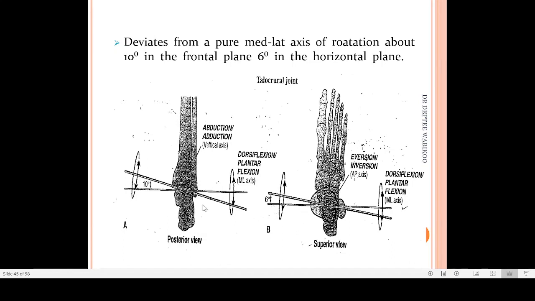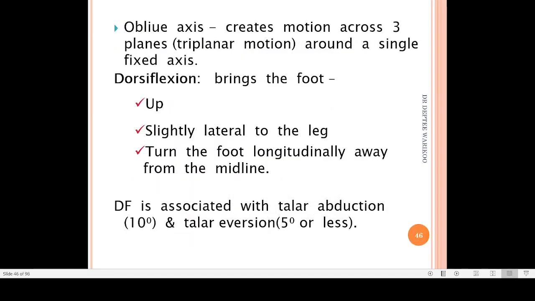In the frontal plane, because the malleoli are a bit up and down, you can see the medial one is up and the lateral one is down, so the axis is 10 degrees tilted. In the horizontal plane, because the malleoli are anterior and posterior, the axis is 6 degrees tilted. This oblique axis creates a motion across 3 planes. That is why we have a triplanar motion around a single fixed axis.